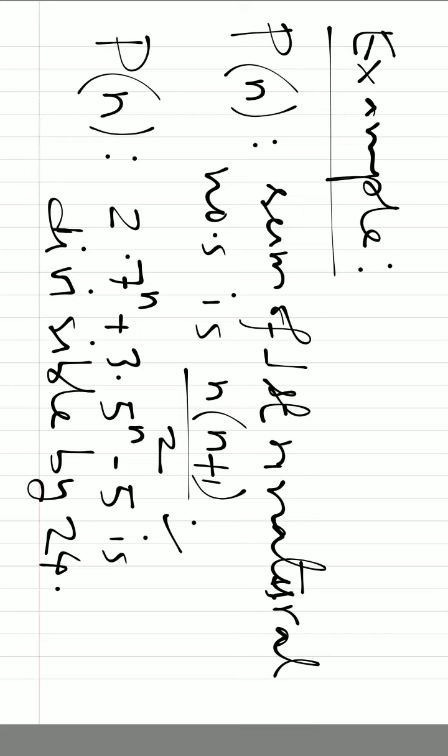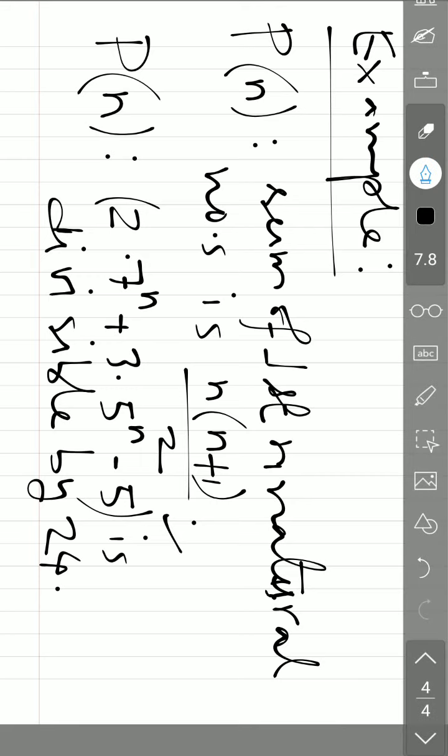This statement says that whenever n is a natural number, the expression is divisible by 24 for every natural number. These are some simple examples of mathematical statements.